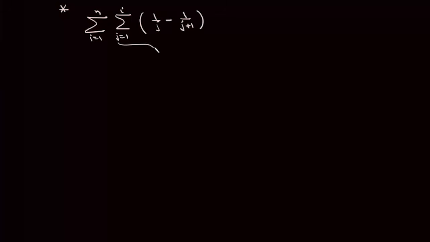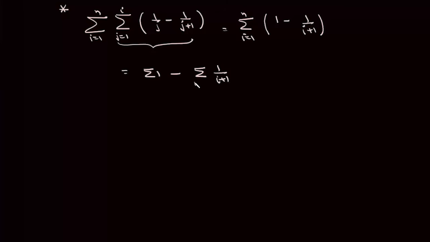So first we have to solve this inner sum, which is nothing but a telescopic sum. So it will be the summation, i varies from 1 to n, of 1 minus 1 upon i plus 1. Now if we take this sum, it will be the summation of 1 minus the summation of 1 upon i plus 1, where i varies from 1 to n.